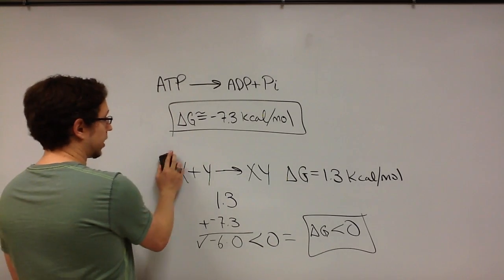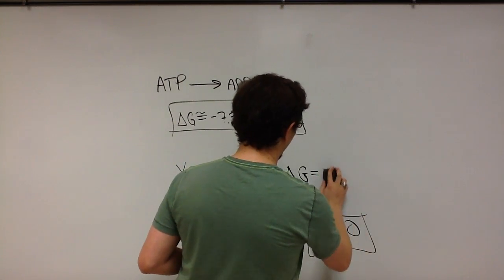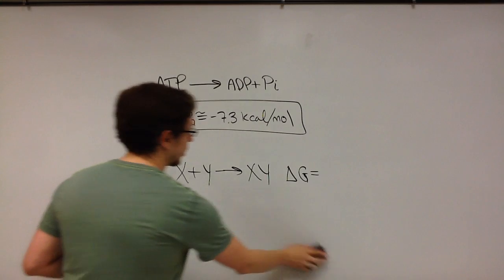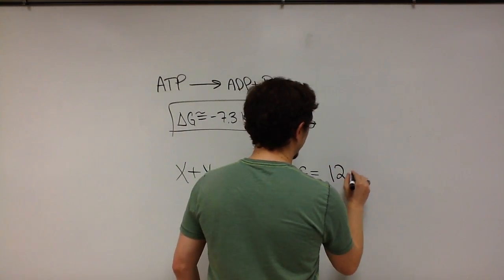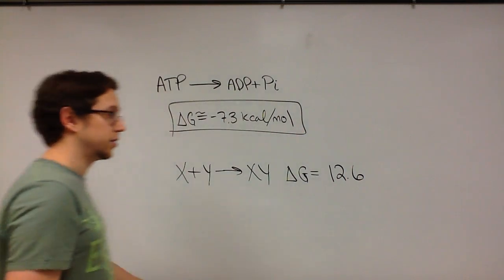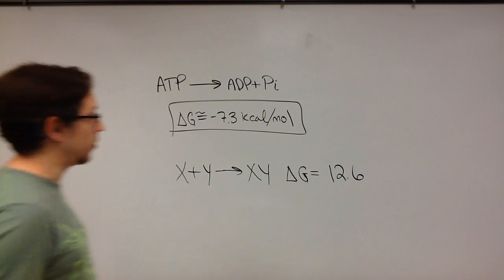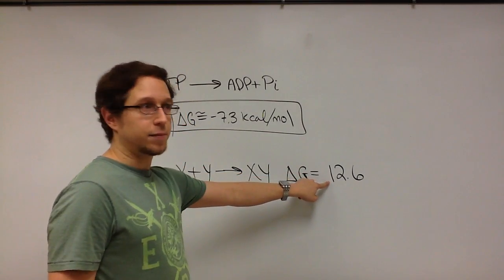All right, so let's look at a second reaction. Let's say we're still dealing with X plus Y, but this time, let's say that we have a delta G of 12.6. So if you look at this, first and foremost, you'll recognize that 7.3 is not going to make this become negative.